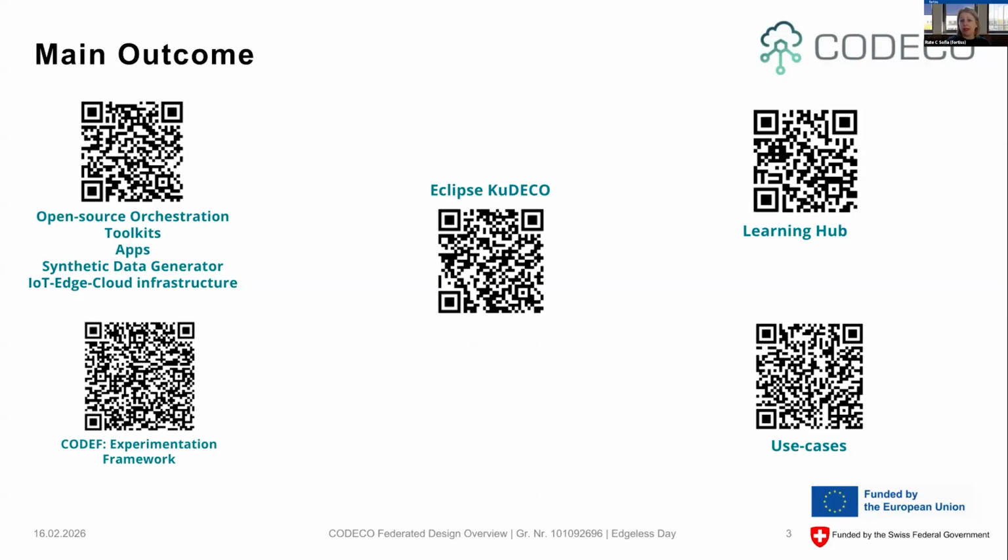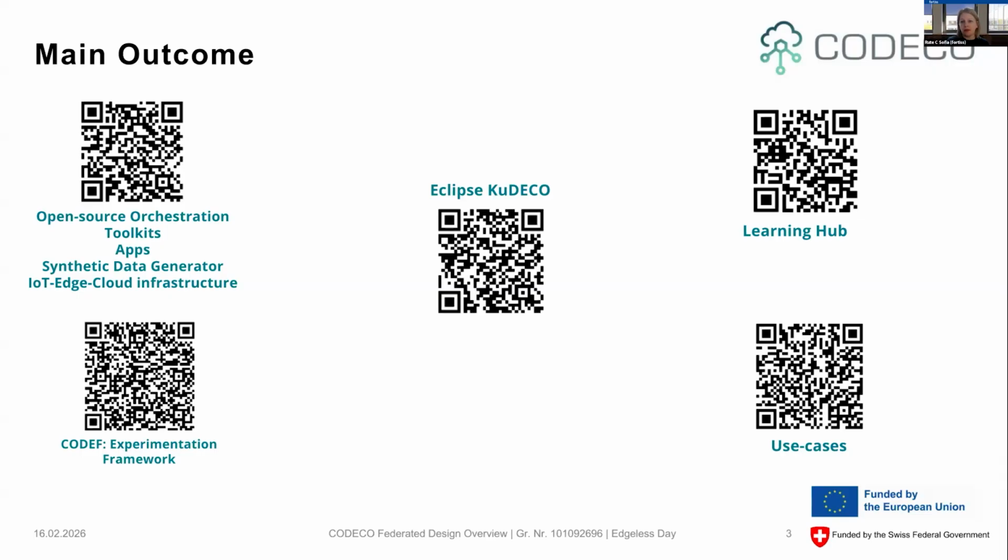You have also applications that were developed on the 6 use cases that CODECO has, across smart cities, energy, smart buildings, CDNs, I believe, and manufacturing. You have also an interesting experimentation platform. I wouldn't say it's just an emulator, but basically an automation of the full pipeline of experiments that we want to do.